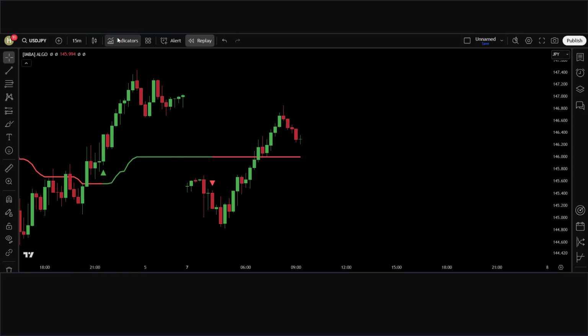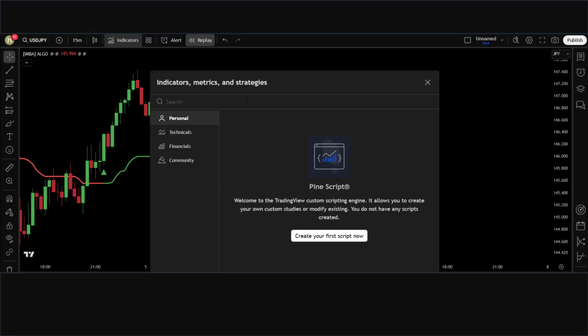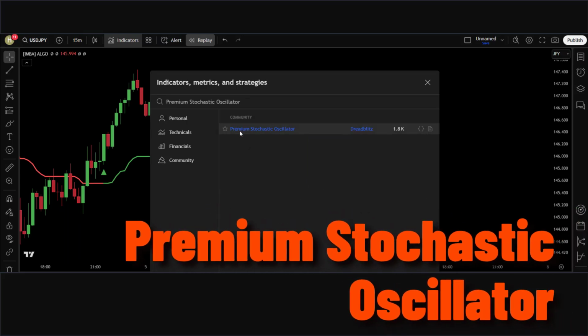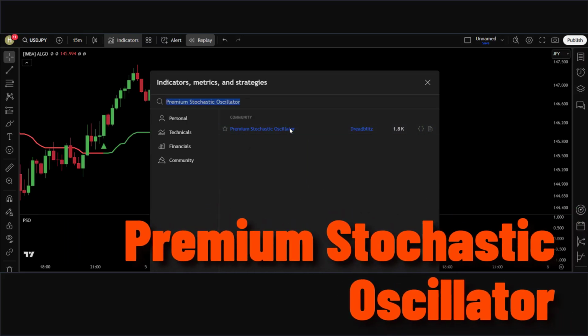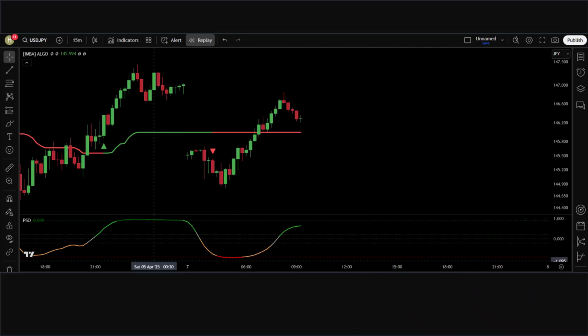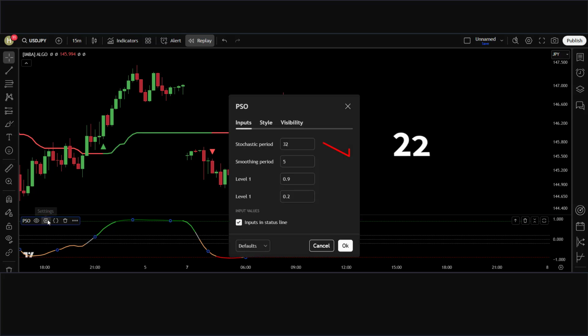After that we have to apply another indicator on the chart. The second indicator name is Premium Stochastic Oscillator. Keep the indicator settings as I have shown here.